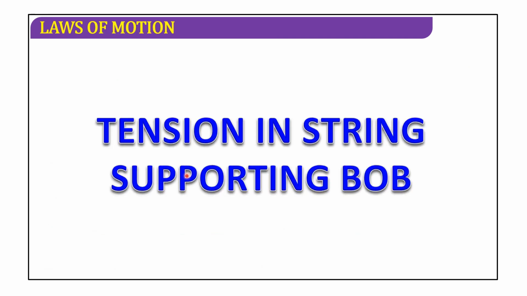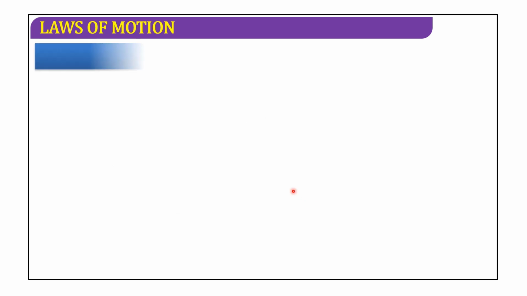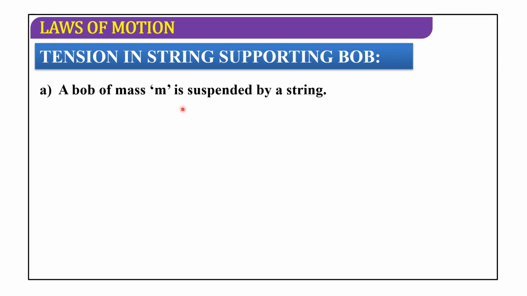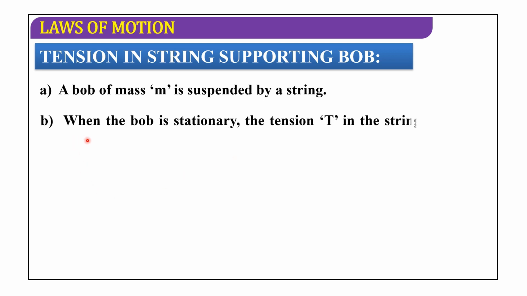Okay, next, tension in string supporting bob. A bob of mass m is suspended by a string. Second one, when the bob is stationary, the tension T in the string is given by T equals mg.